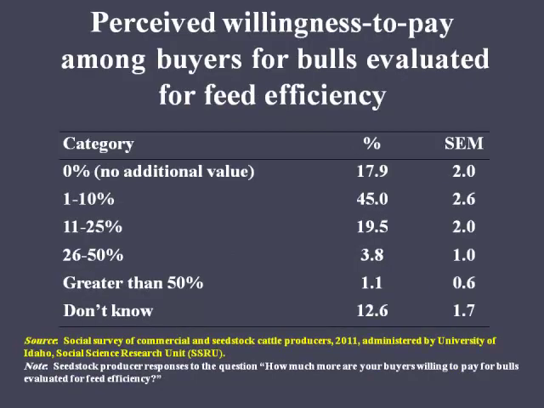This one then gets to the perceived willingness to pay. So seed stock producers' responses to this question. How much more are your buyers willing to pay for bulls evaluated for feed efficiency? So a slightly different angle.